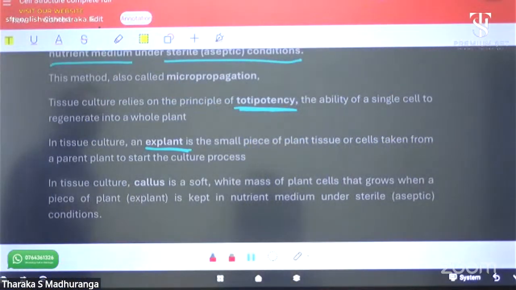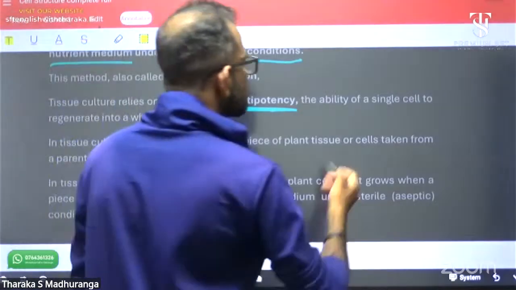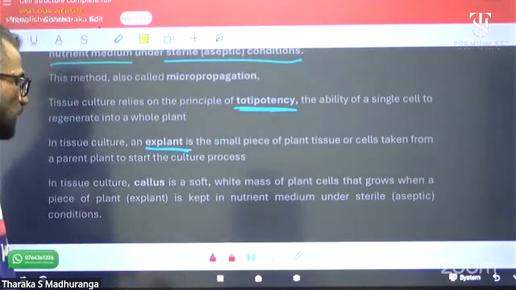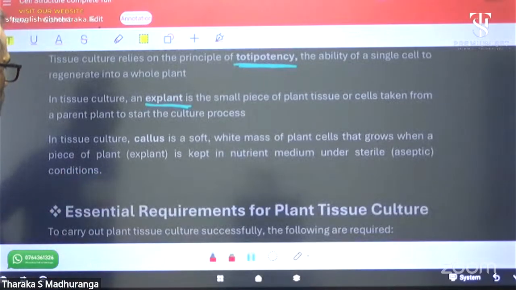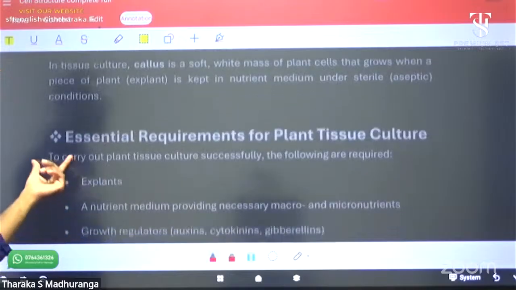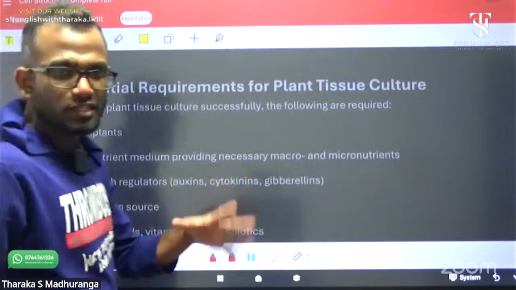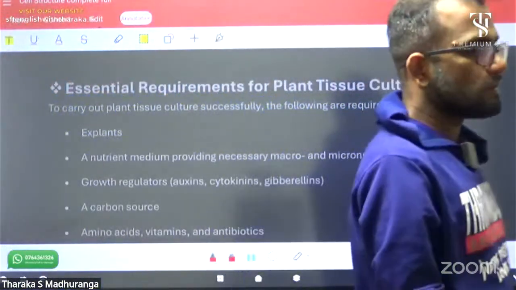Explant is a small piece of plant tissue or cells taken from the mother plant to start the culturing process. In tissue culture, callus is soft, I will explain callus later. A white mass of plant cells that grow when a piece of plant is kept on nutrition medium under sterile condition. Yes, sterile condition means without microbial infections.